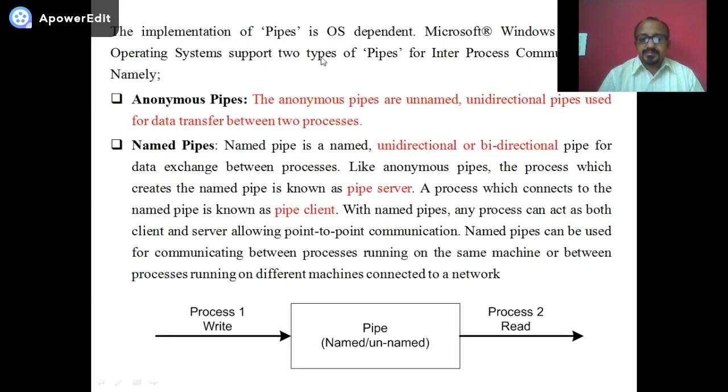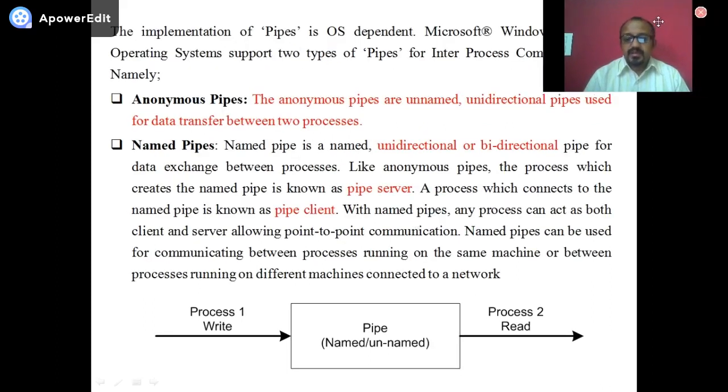Bidirectional pipes allow data exchange between the processes in both directions. The process which creates the named pipe is known as a pipe server, and the processes which connect to the named pipe are called pipe clients.